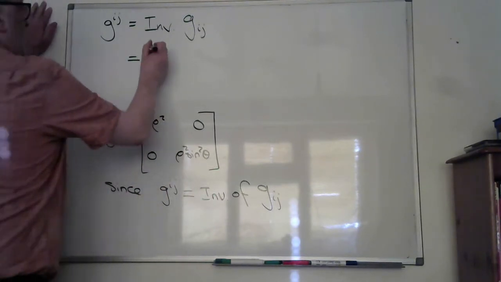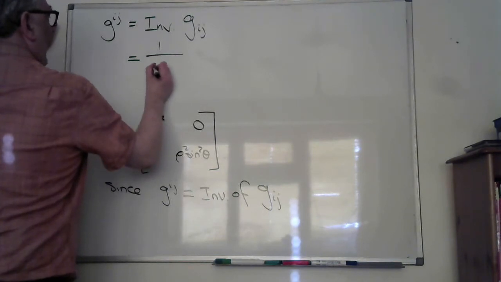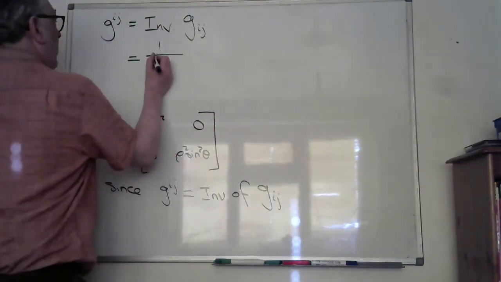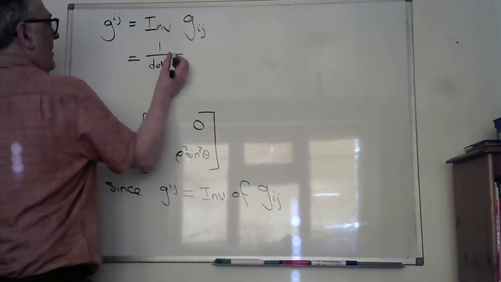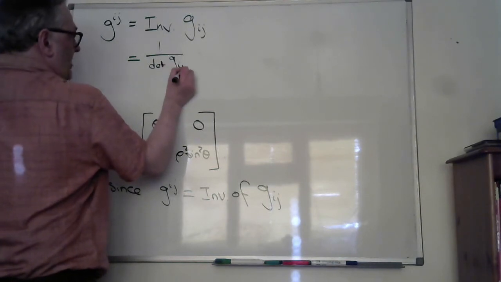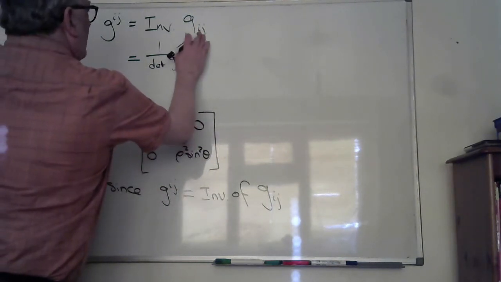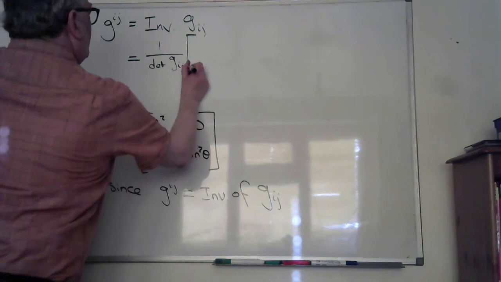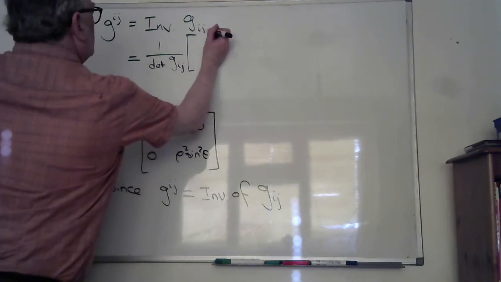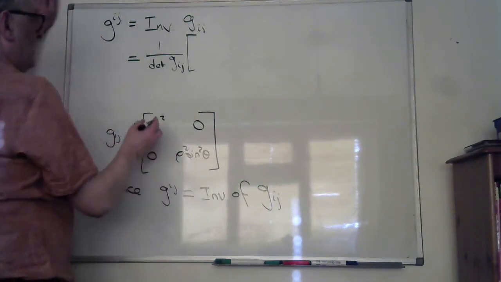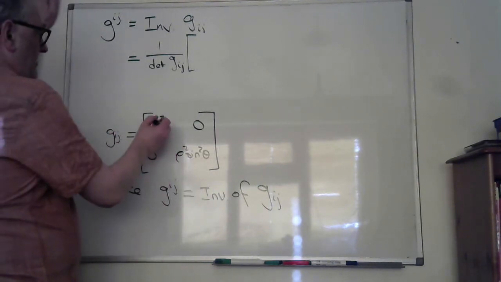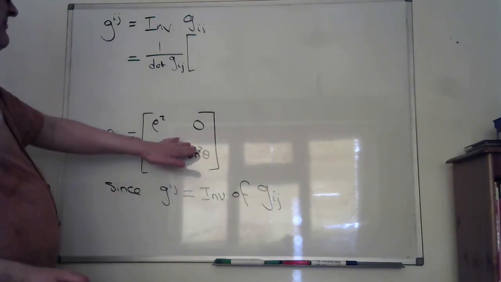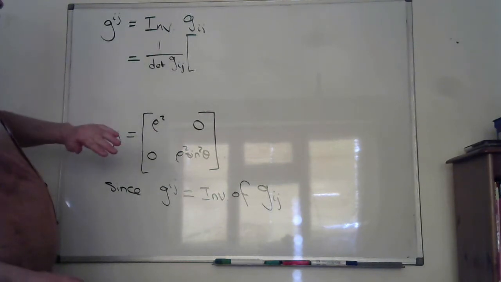Well, that is equal to 1 over the determinant of G sub IJ, multiplied by the matrix. We have to do something to this matrix before simply multiplying it by 1 over the determinant.